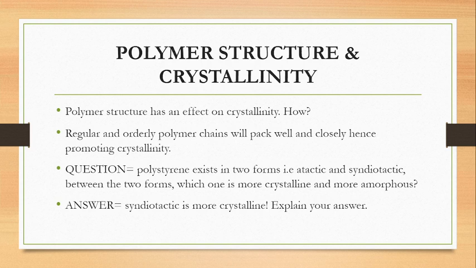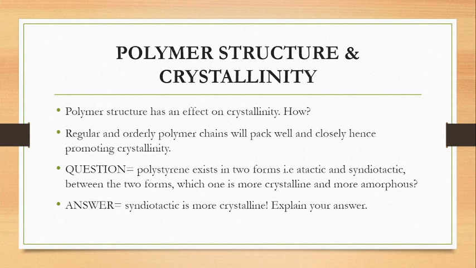So there is a question here that we need to answer, and I want people to participate. I am going to pose a question. There's also an answer, but I want us to explain the answer. The question is about polystyrene. Remember polystyrene is an example of a homopolymer.